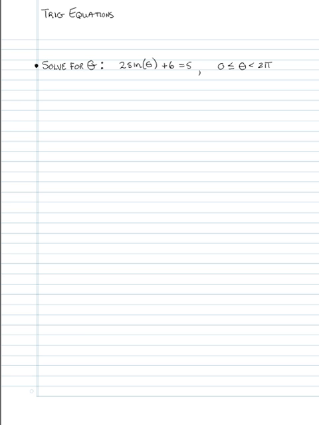So we've got a single trig function in the equation that occurs only once. It's sine of theta and it only appears one time.